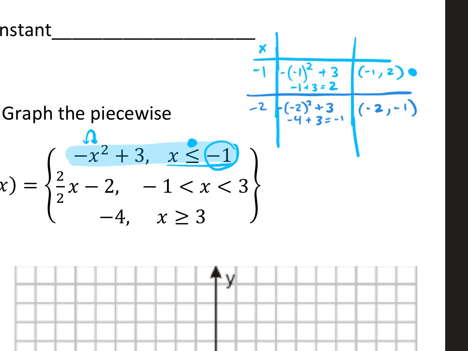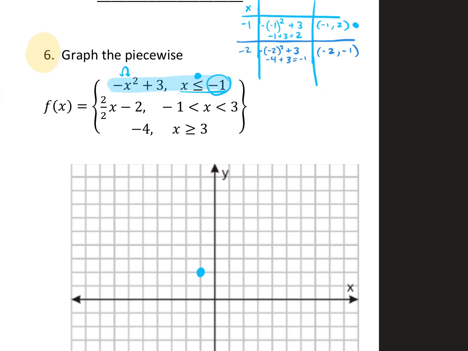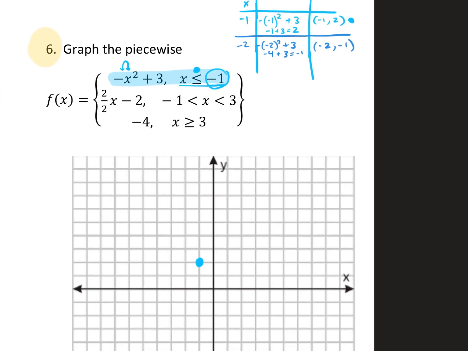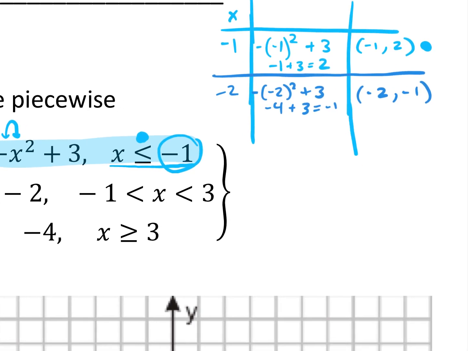Now everything after the first point just tells us the direction. So it's not really going to be an open or closed circle. It's just another point on our graph that gives us direction. So I'm going to go to the left to negative 2, down to negative 1. And then we can plug in one more point just to be super sure that we know the shape. What's another number I should plug in?